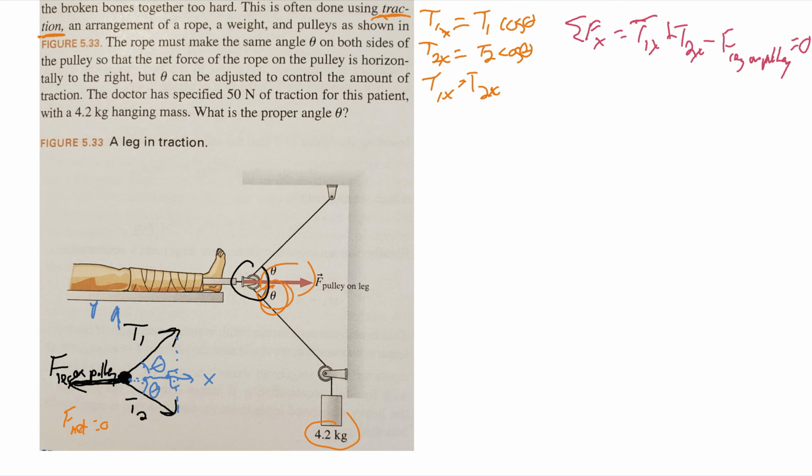And because they're both the same thing, really what I have here is two of them. So it's 2 T1x. Does that make sense? Yeah. All right, so I have 2 T1x.